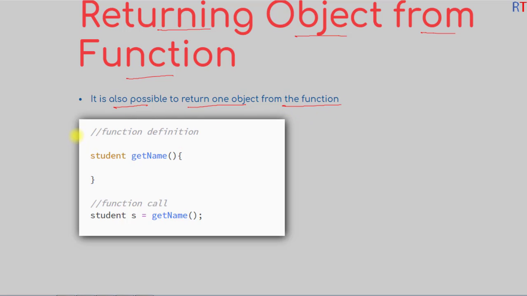To do that, in the function definition, the return type of the function has to be one of the class type, and then we can use the return keyword and we can return one object of that class type. And then because the function call will return one object, so we have to store that in the same class type object.